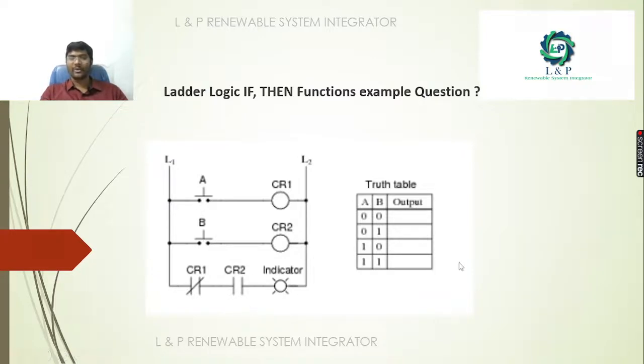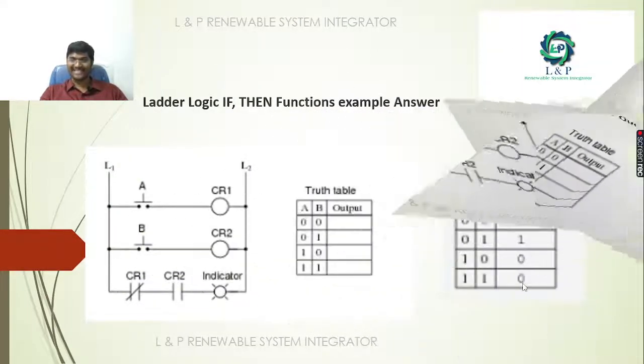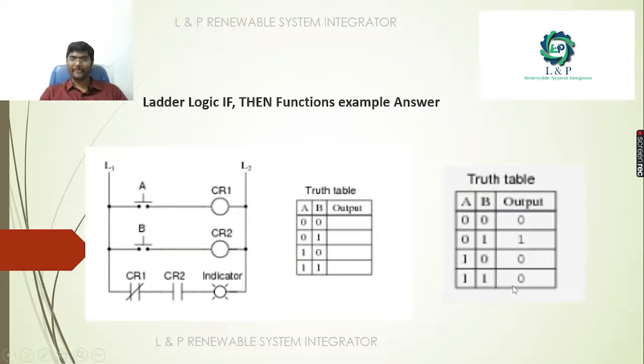So this is how it will be. Let us see the answer. Yes, so what we said is right. Only when the B input is enabled, we will get an output. In all the other cases, it will be 0.